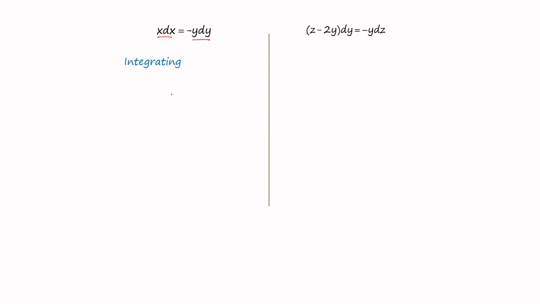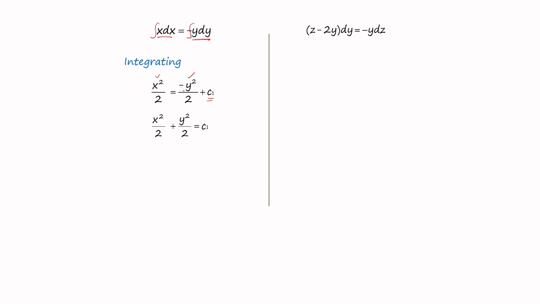Integrating, you have integral of x dx and integral of y dy. x dx gives x squared by 2 is equal to this minus, you have to retain here, and integration of y dy is y squared by 2 plus a constant of integration c1. After that, you have to collect the x and y terms together, that is variables together and constants together.